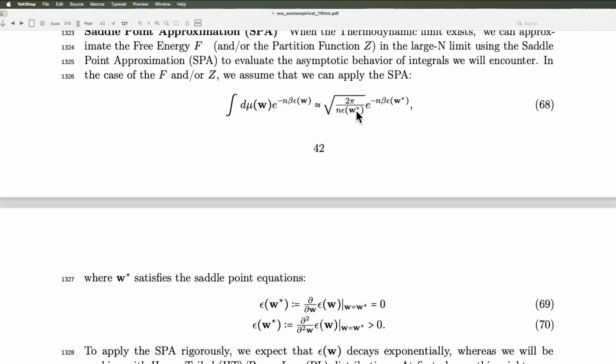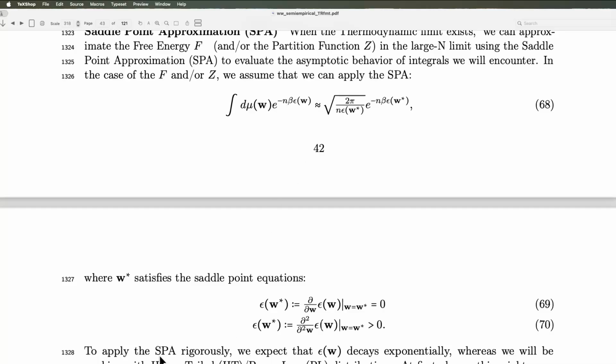Not only are the thermodynamic averages bounded and do they scale as n, but the ability to take the saddle point also means that the fluctuations are going away. So not only are the averages constant, but the fluctuations are going away as well.